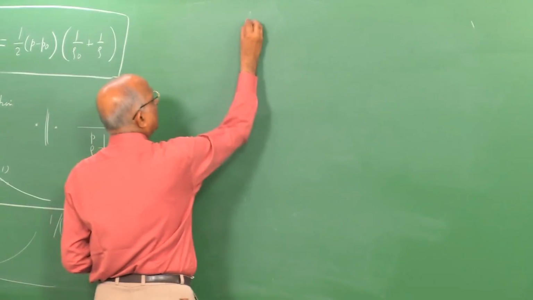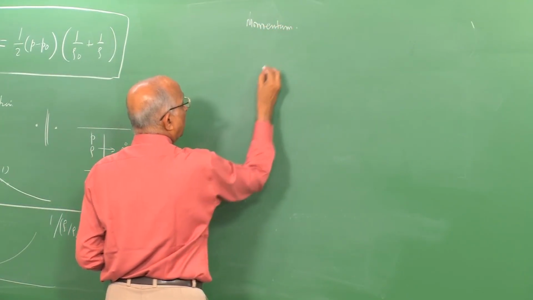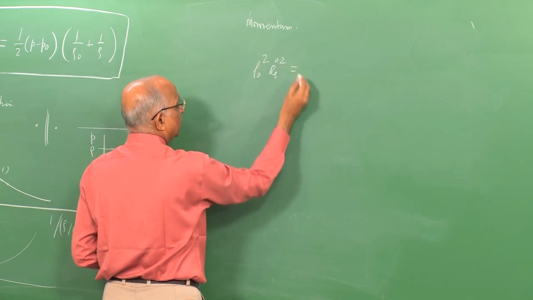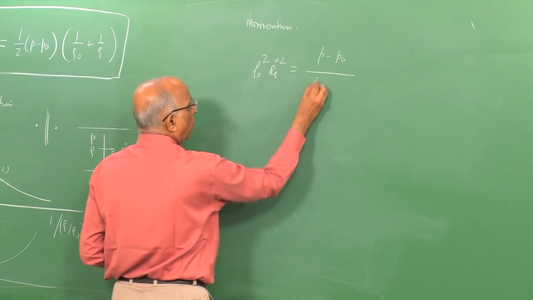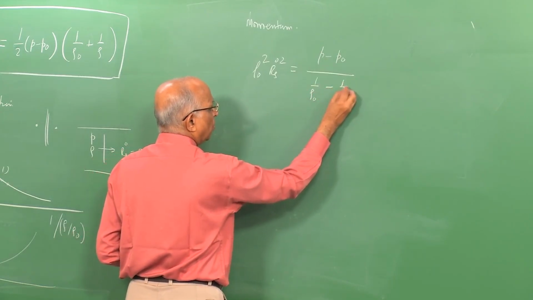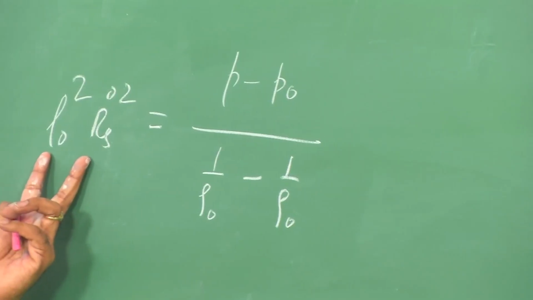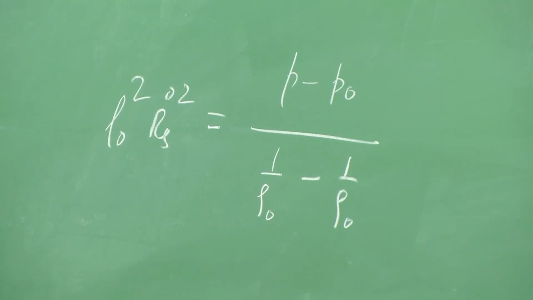But let us take a look at the momentum equation which we solved some time ago. What did we get? We got rho 0 square into Rs dot square is equal to P minus P 0 divided by 1 over rho 0 minus 1 over rho. Please check, we used the continuity equation and momentum equation to give this form.